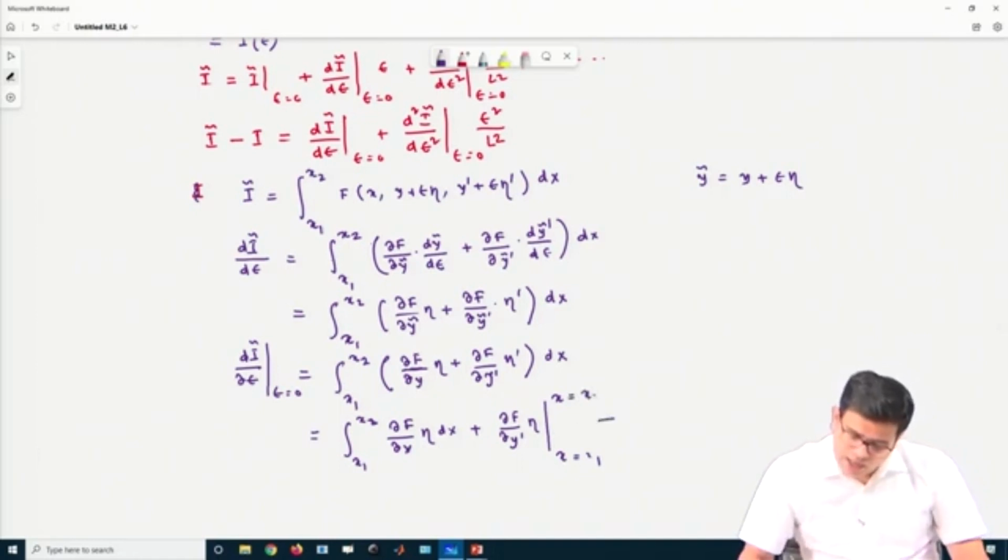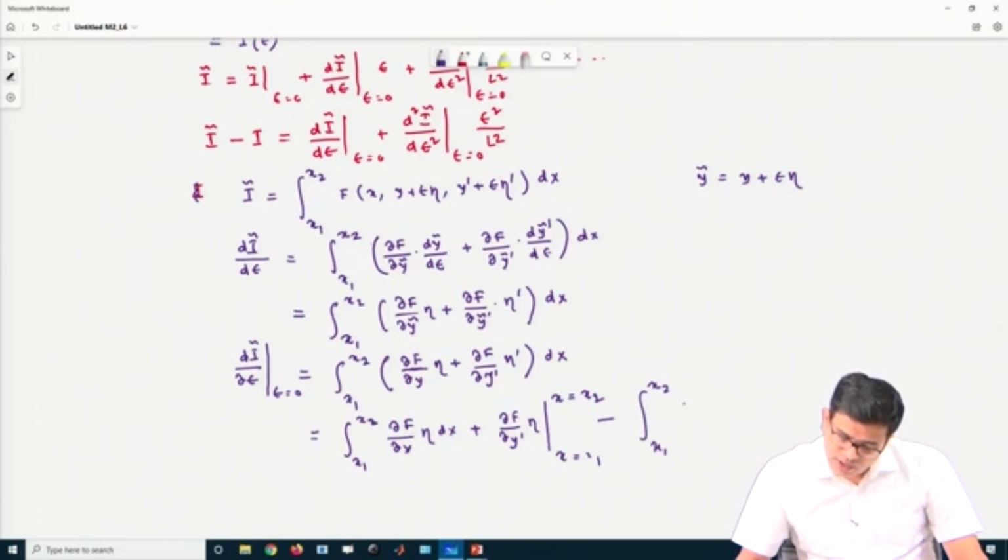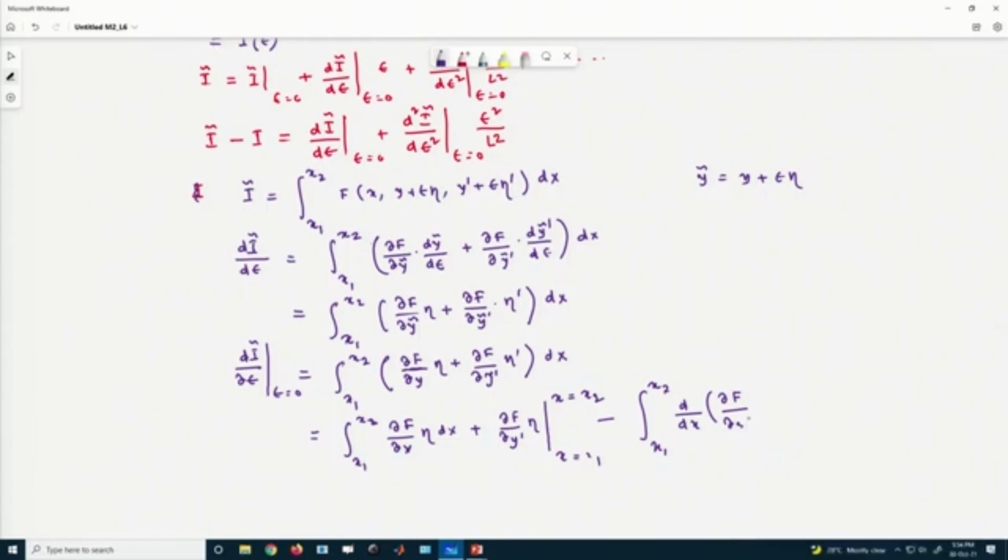Then again I will have integral from x1 to x2 of d dx of del f by del y prime into eta x dx.